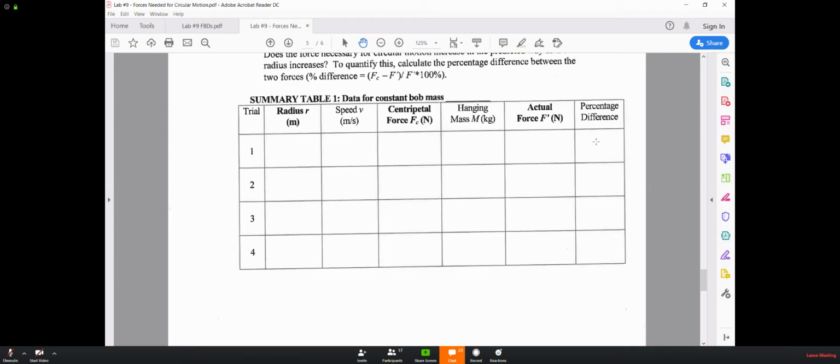This value is smaller than that value by 1.01%. I got a percent difference of negative 1.01%. I don't care too much about the minus sign. It's just saying that FC was smaller than F prime.